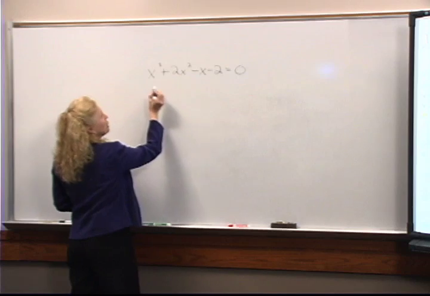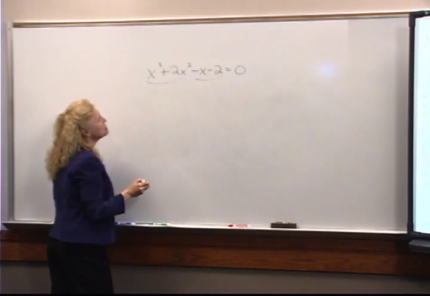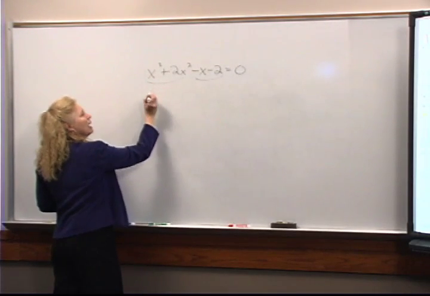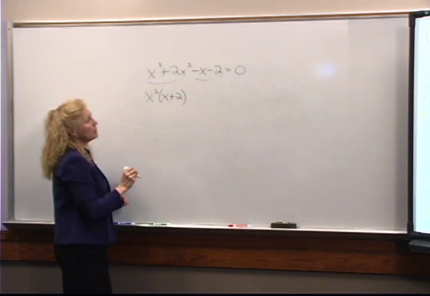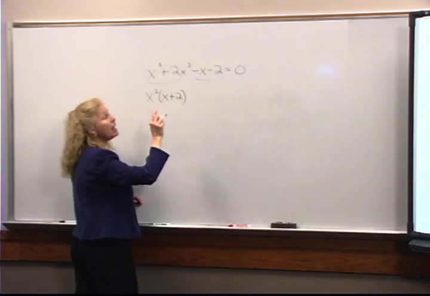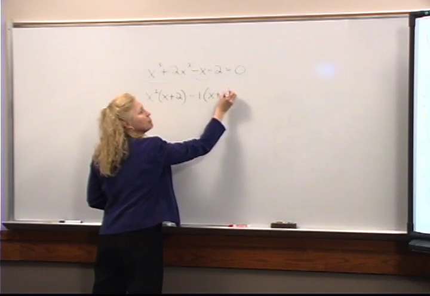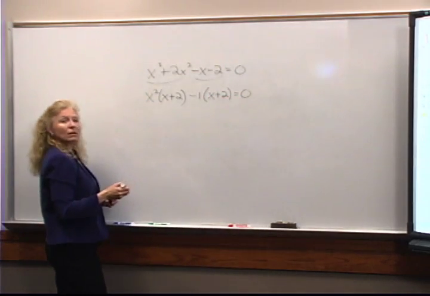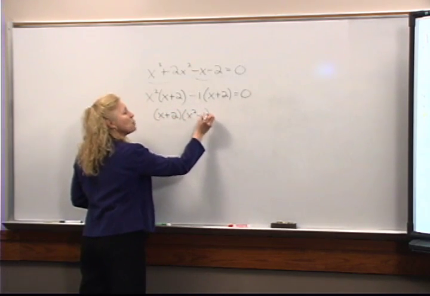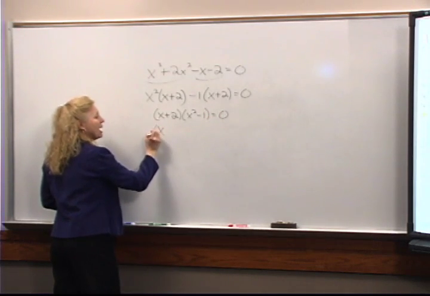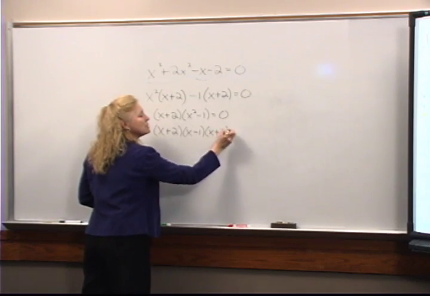You see 4 terms, so you decide you're going to group it in pairs. I can factor an x squared out here. I can factor a -1 out, and the nice thing is that's going to give me the same factor inside of parentheses. And then I have x plus 2 times x squared minus 1, and I have x plus 2, x minus 1, x plus 1.